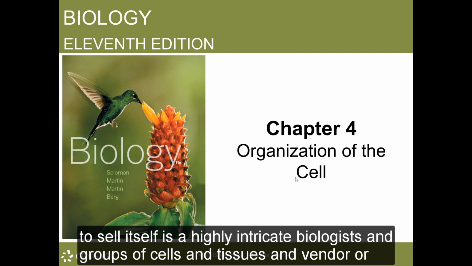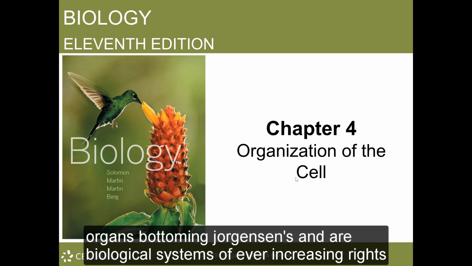The cell itself is a highly intricate biological system, and groups of cells make up tissues, and then there are organs, and ultimately the organisms that are biological systems of ever-increasing complexity.